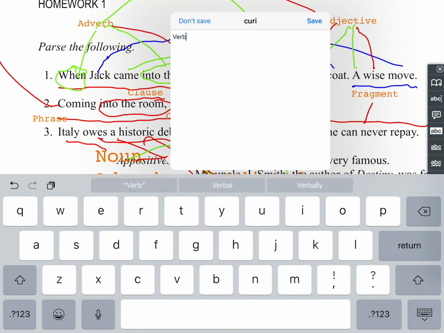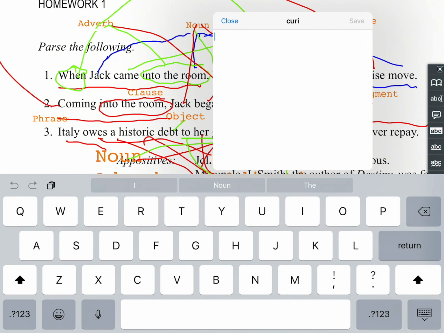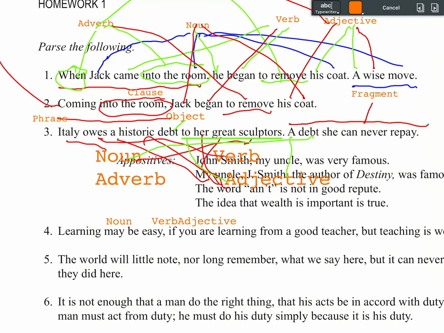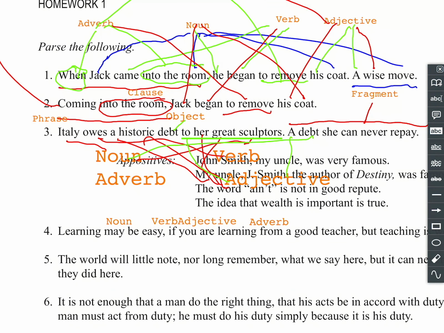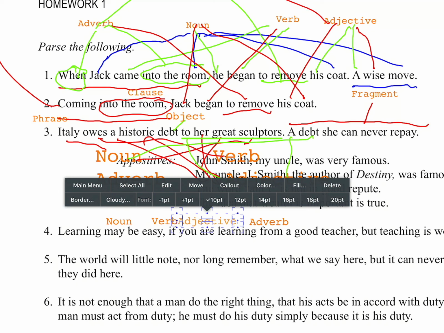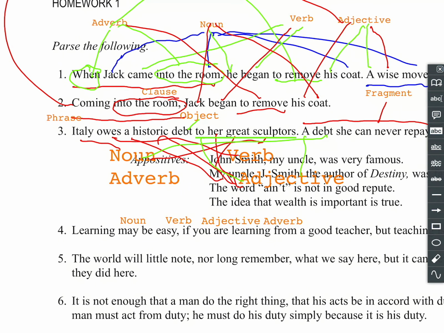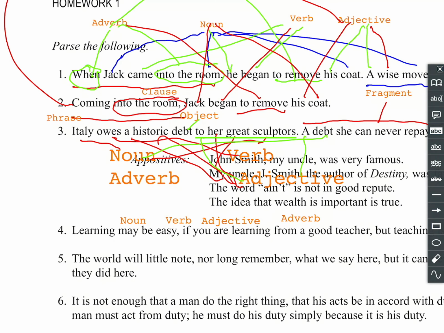I'm going to write noun, verb, adjective, adverb, and then I'm going to make them all different colors, and then I'm going to write stuff in those colors.